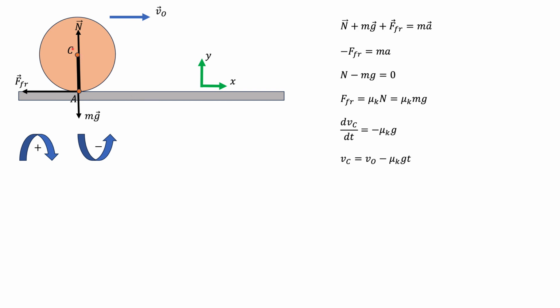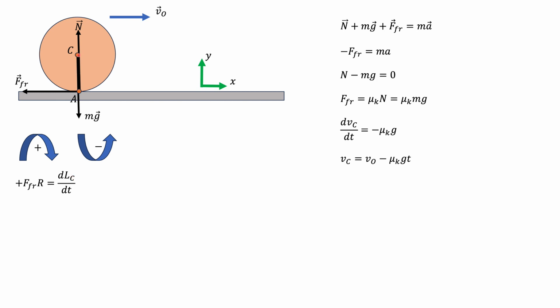In this case, we're going to use the axis that goes through the center of mass. Normal force and mg are going to have zero torque. The friction force is going to have a positive torque equal to Fr times radius. And that equals the rate of change of angular momentum with respect to the point C.